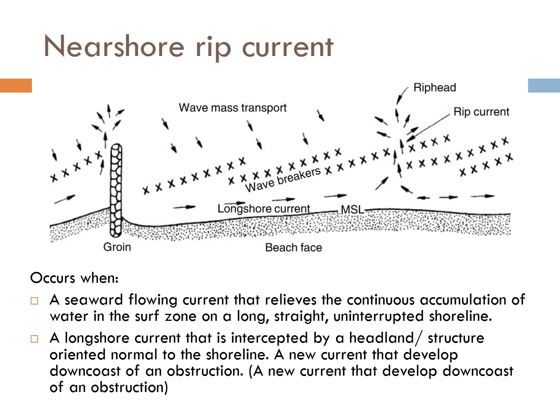A rip current can happen on a relatively long, straight and uninterrupted shoreline, whereby the continuous accumulation of water in the surf zone causes the water level to rise relatively, and as a result of that, a seaward flowing current will develop to relieve that disequilibrium, and that seaward flowing current is what we call the rip current.